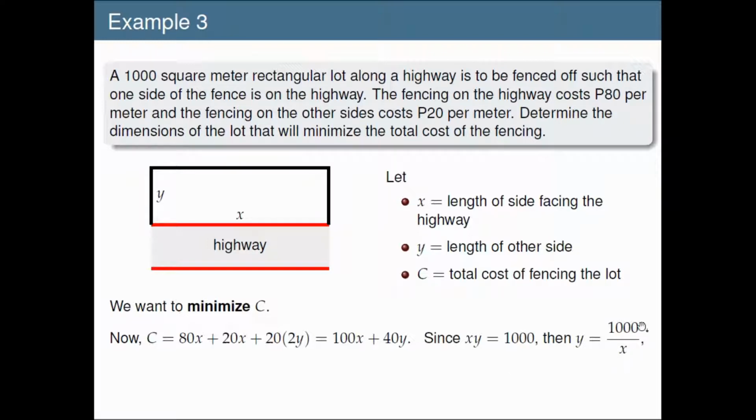Substituting this value of y to the y here, we get 100x plus 40 times 1,000 over x. Ito ngayon yung c as a function of x. This is also equal to 100x plus 40,000 times x raised to negative 1. 40 times 1,000 is 40,000. 1 over x is x raised to negative 1.